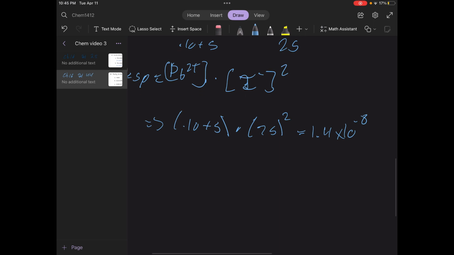Here, just to save on time, once we plug this all into a calculator, we should get that S, our solubility, is equal to 1.9 times 10 to the negative 4.